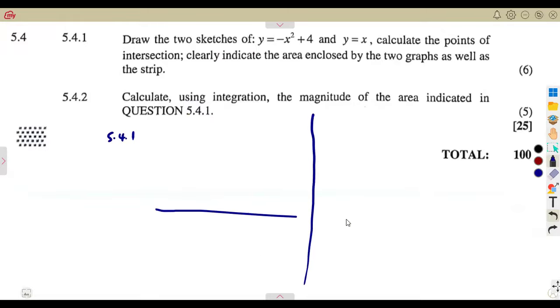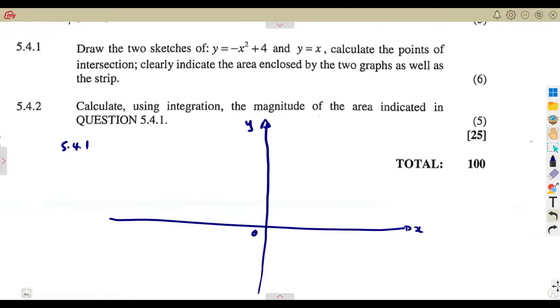If you are to consider the first function that we are given, that's a quadratic, a parabola, y is equal to minus x squared plus 4, where the y-intercept is on a condition where x is equal to 0. When x is 0, y is what? Y is 4. So the y-intercept was going to be a 4.